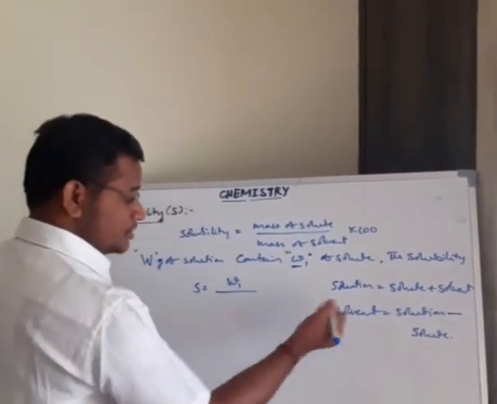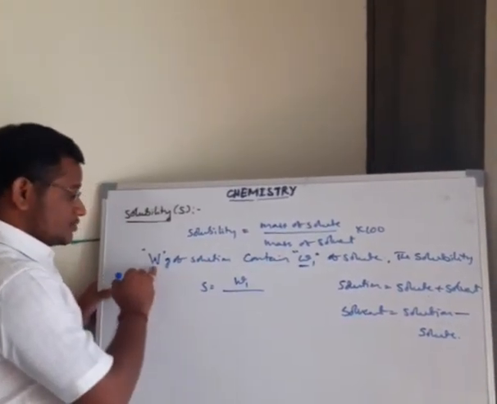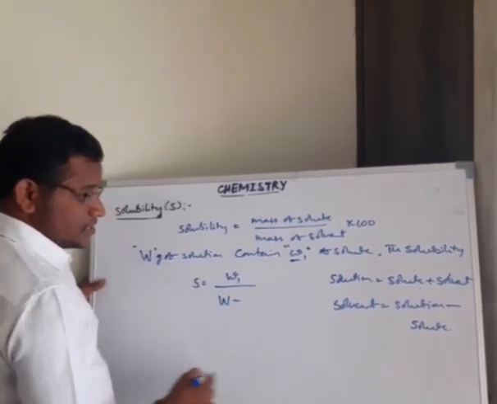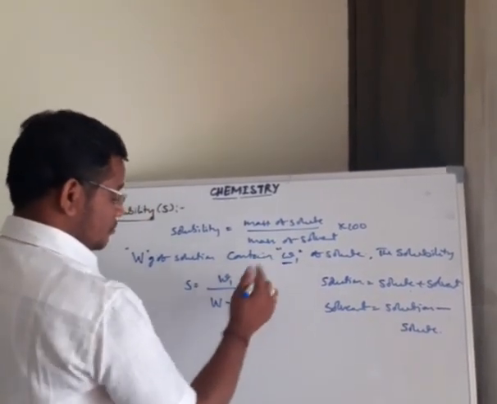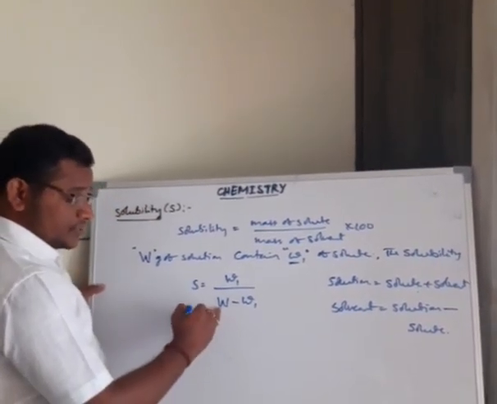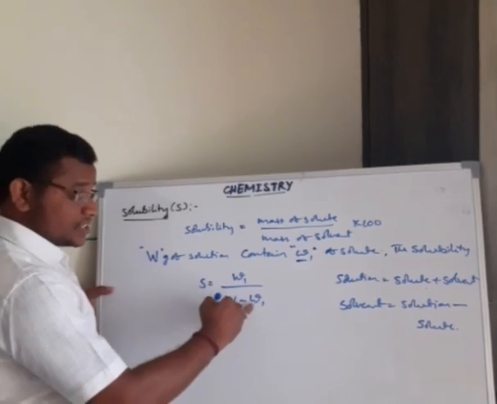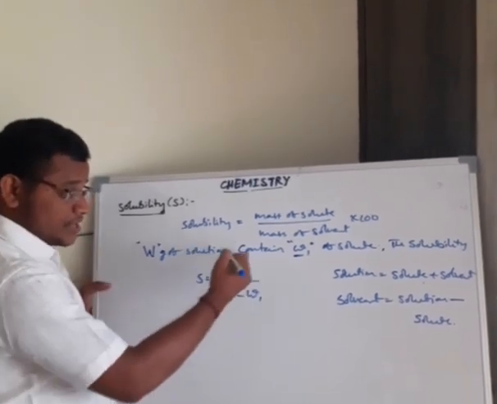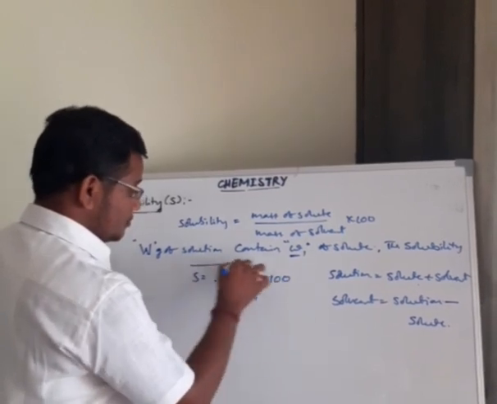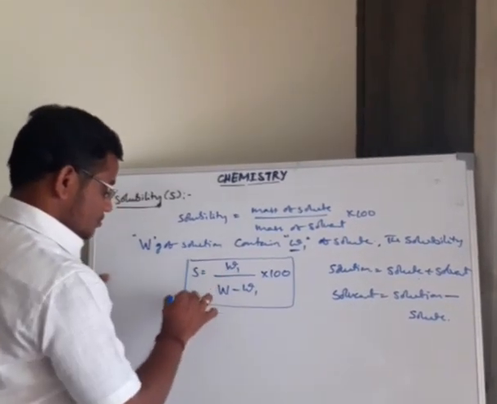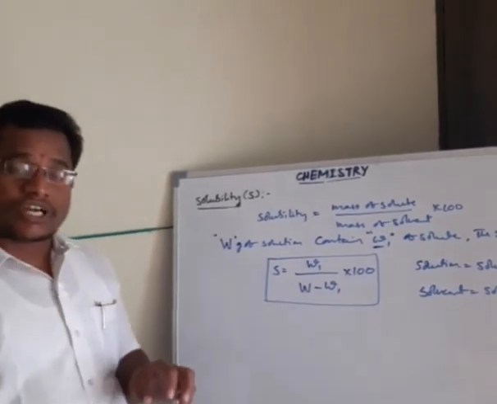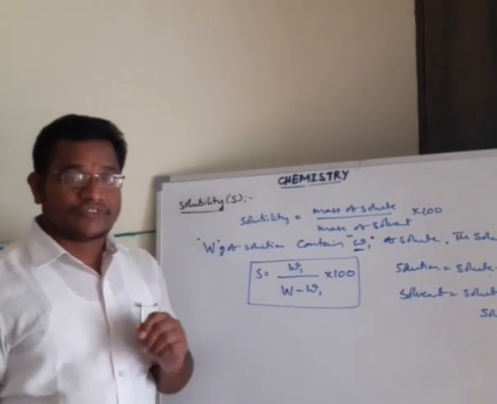So by using this formula, the weight of solution is W gram minus solute weight small W1 gram. The difference between the mass of solution and the mass of solute is equal to the mass of solvent, into 100. So this is the solubility formula.